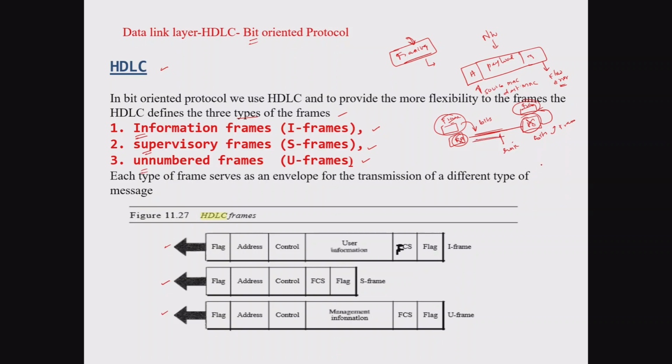Now how do we find the length of the frame? There may be different framings in real time. So how do we find where the frame starts and where it ends? For identification purposes we add something extra, which we call the flag bit value, right? So we add the flag sequence. If you remember, the flag bit sequence is 0 1 1 1 1 1 1 0. This is an 8-bit value.